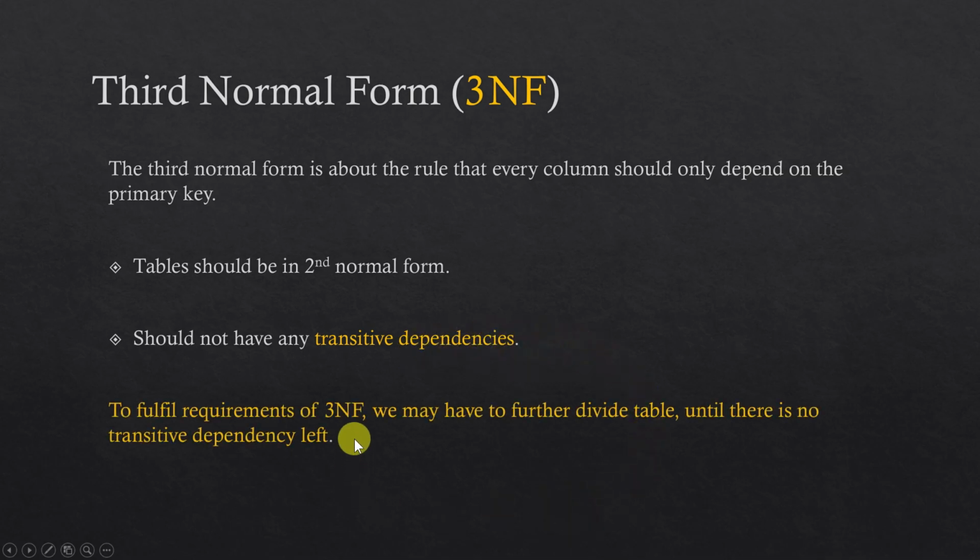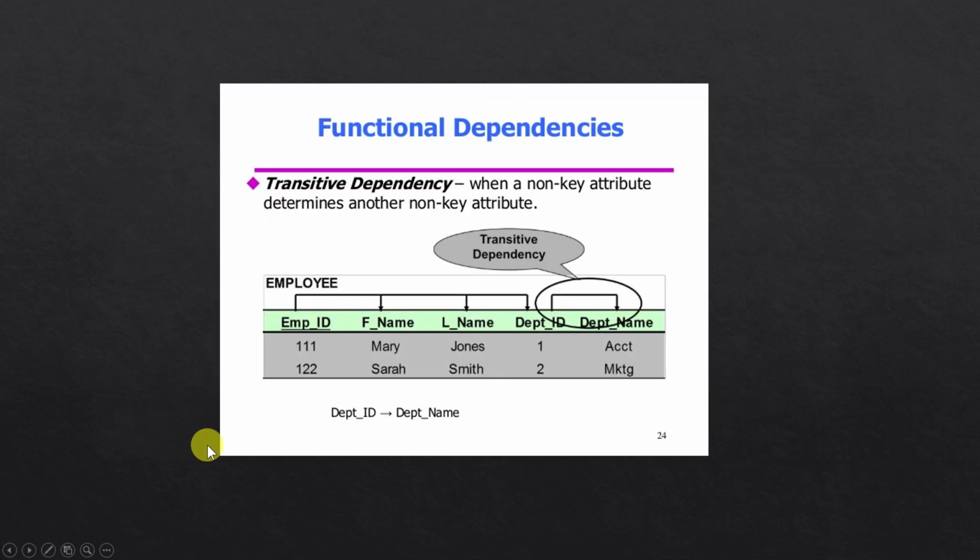To fulfill the requirements of the third normal form, we may have to further divide the tables until there is no transitive dependency left. So this is a transitive dependency: when a non-key attribute determines another non-key attribute.